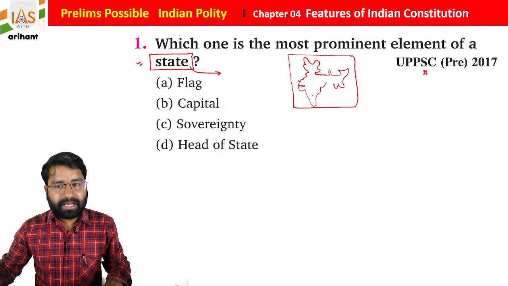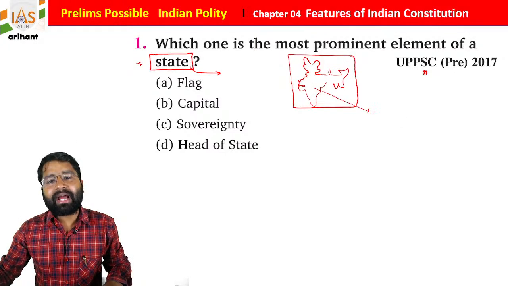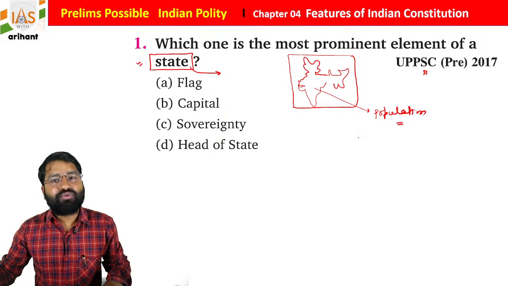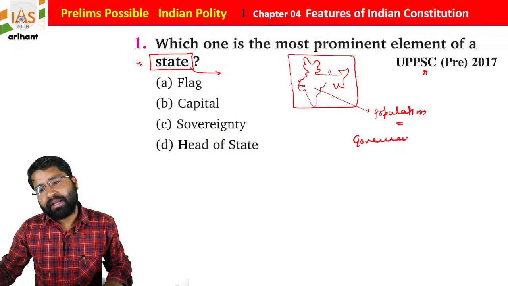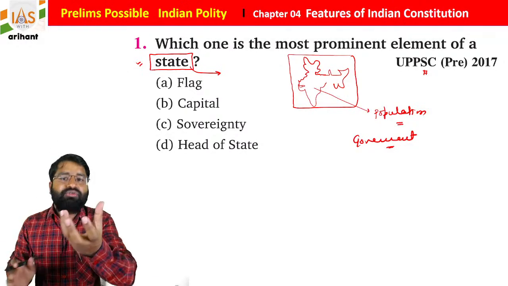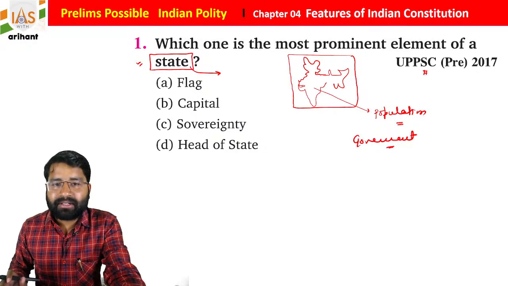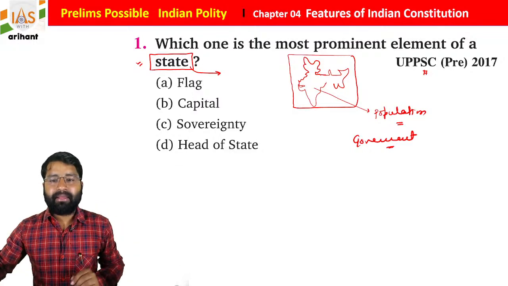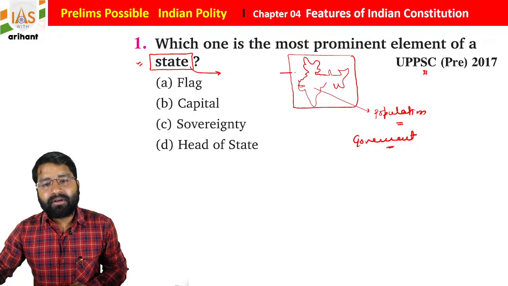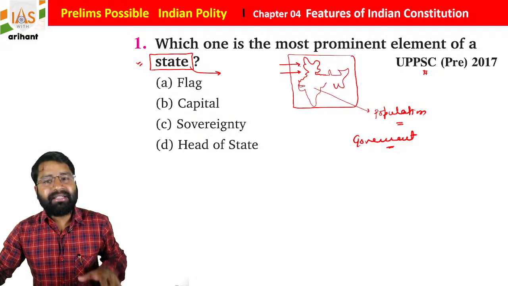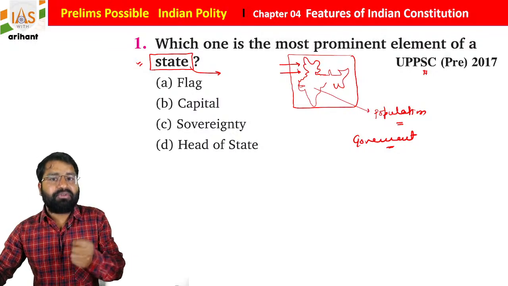After that, in this boundary we have some population, and that population is ruled by some government. Basically these are the three prominent elements to become a state, given by Aristotle and different political thinkers who gave different ideas, but these are the three primary things. But if you want to be a complete state, your territory must be secure, meaning you are free to take your decisions.